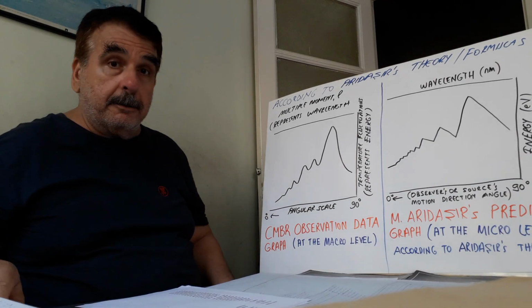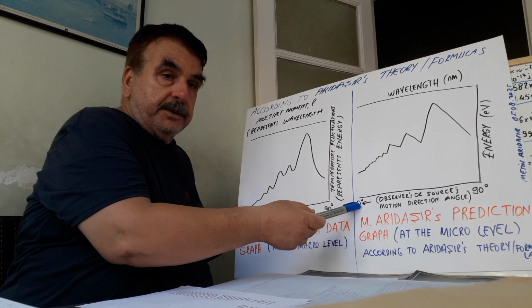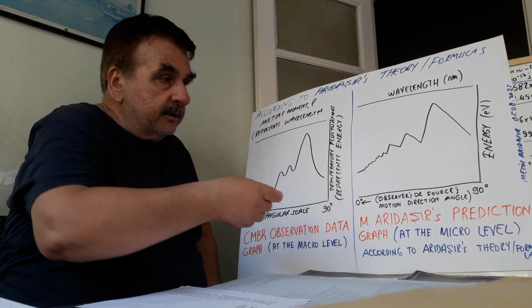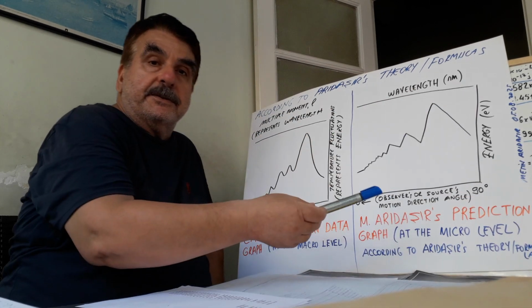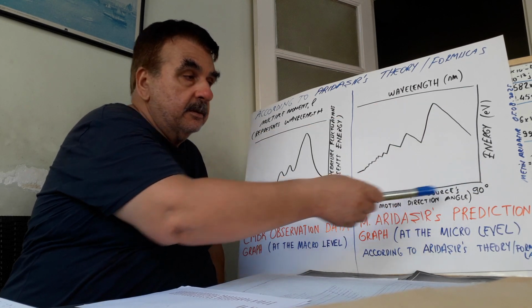How? Here, the 0-degree direction is the electron motion form's motion direction. Perpendicular to this direction is the 90-degree direction.